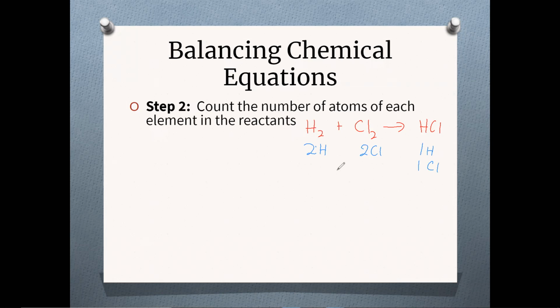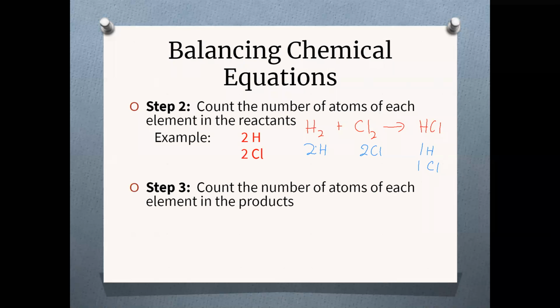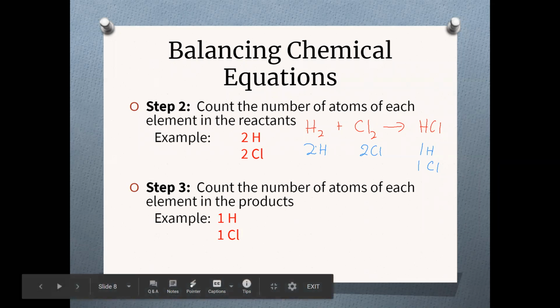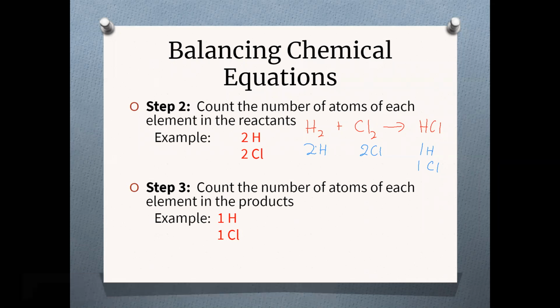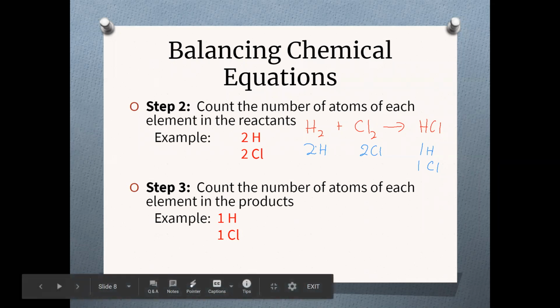So just looking at this, you're seeing an imbalance. You're seeing there are 2 of each on the left, but there are not 2 of each on the right. So just to rehash, step 2 and step 3, you're counting how many are on each side. And if they don't match, you're going to have to balance it out, okay?